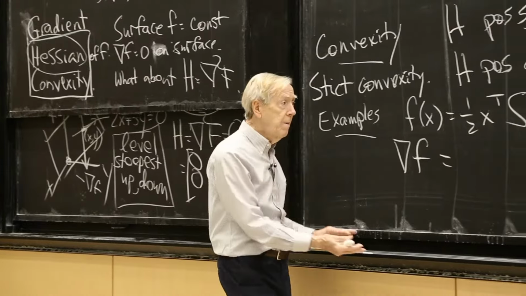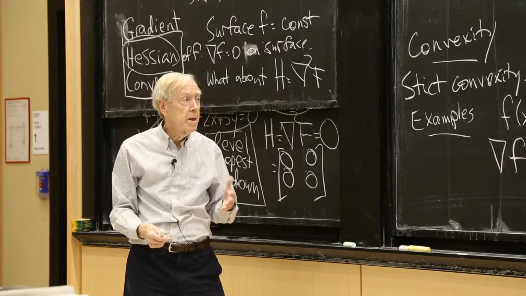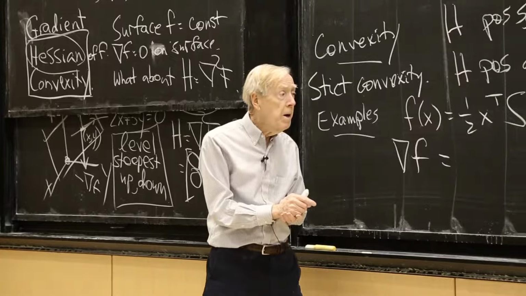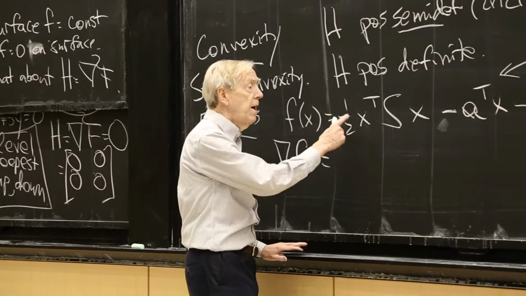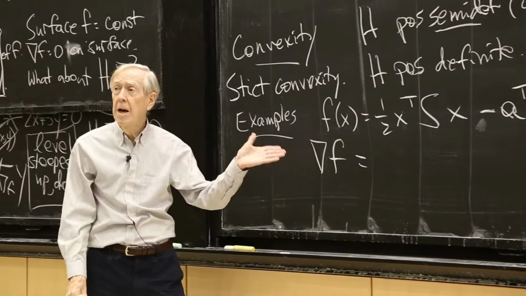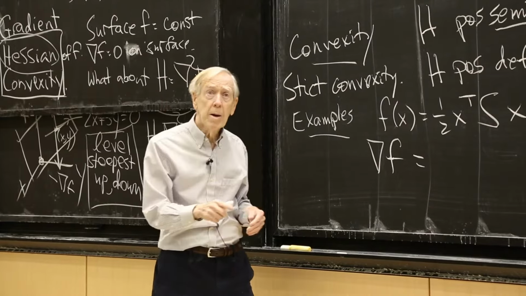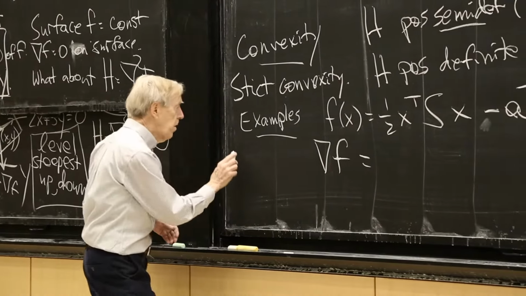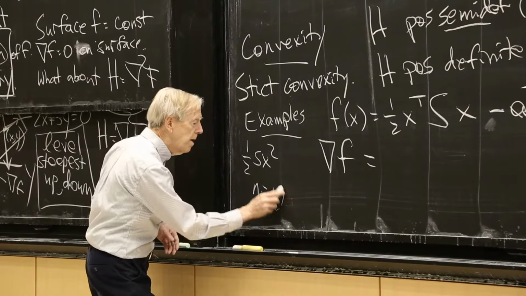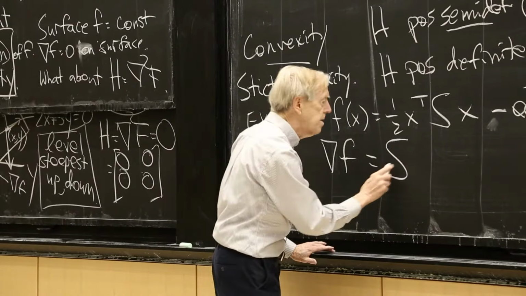And here I'm giving you the whole function with x for a vector x. Of course, we could take n to be 1, and then we would see that this would just be half sx squared, and the derivative of a half sx squared is obviously sx, and that's what it is here, Sx.